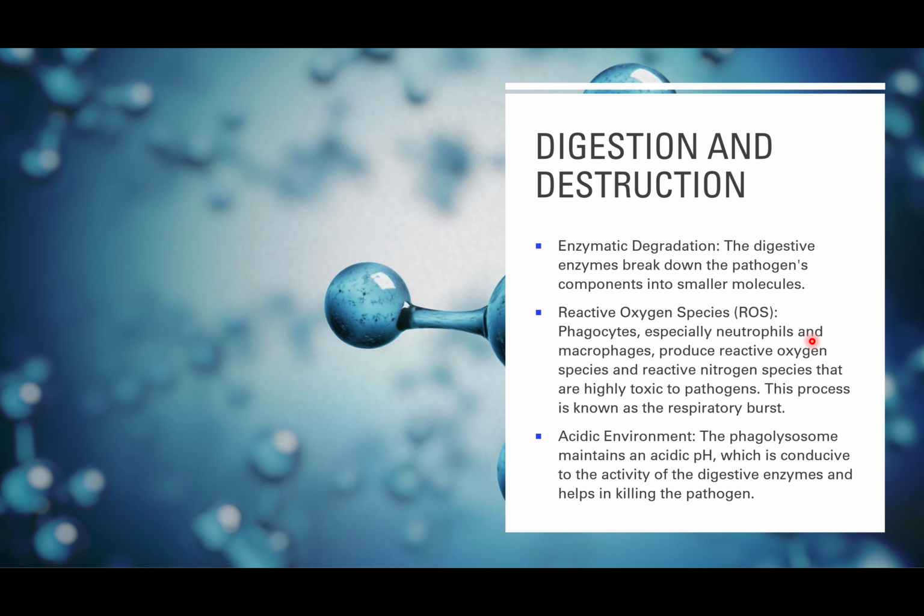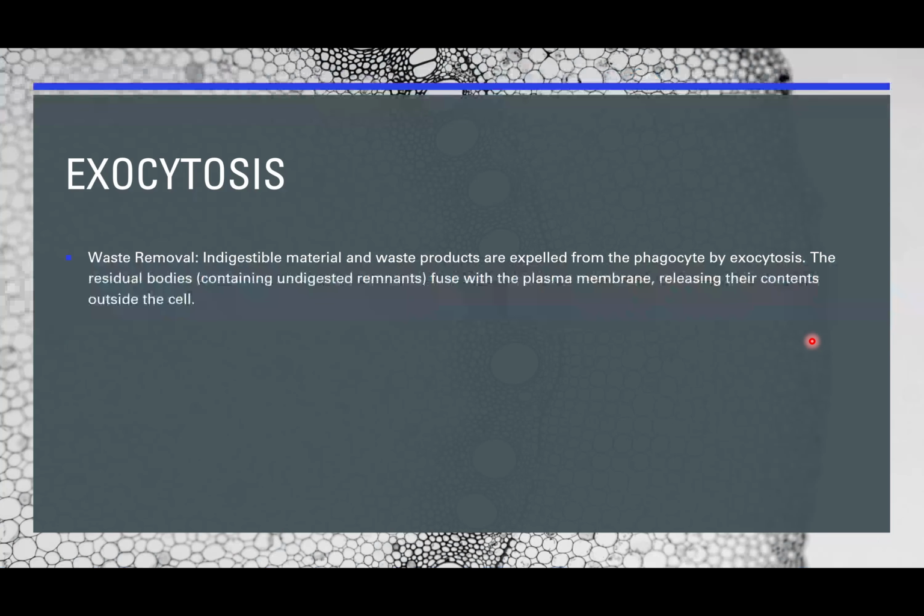They're present within phagocytes, especially neutrophils and macrophages, as we'll see, and they produce these different reactive species that destroy the pathogens. The phagolysosome also creates an extremely acidic environment that helps to kill the pathogen.